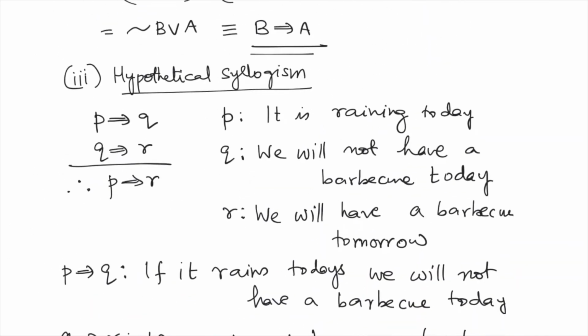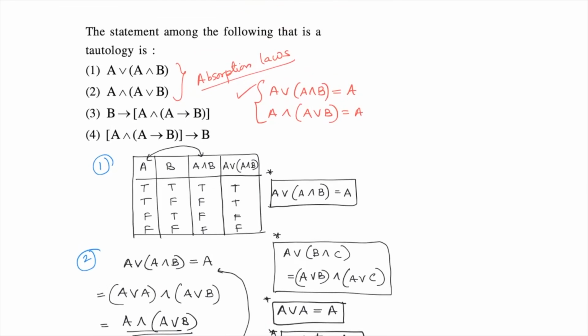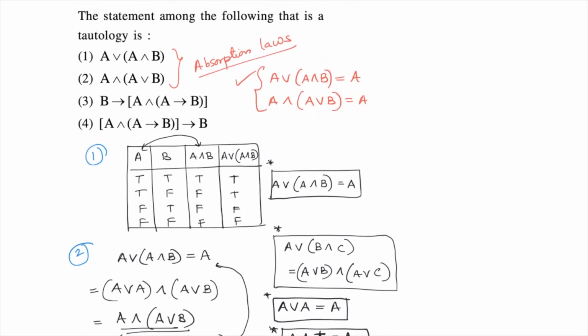Now we have option number 4. In the fourth option, we have A and A implies B implies B. So basically, it's the converse of option number 3. Let's see what that means.